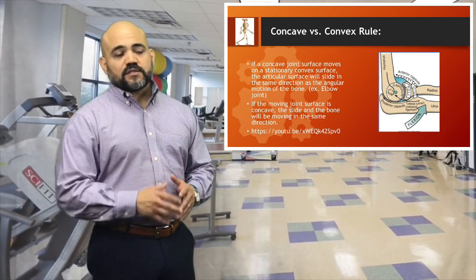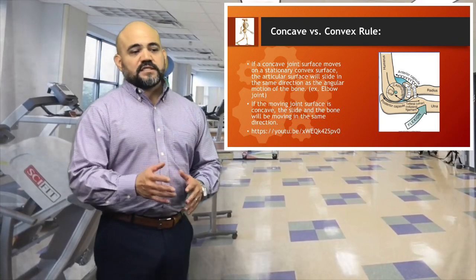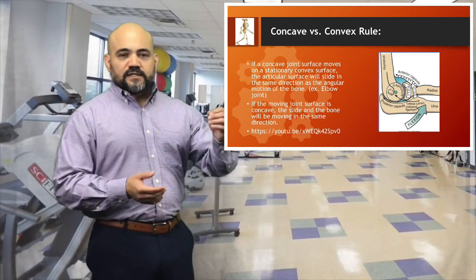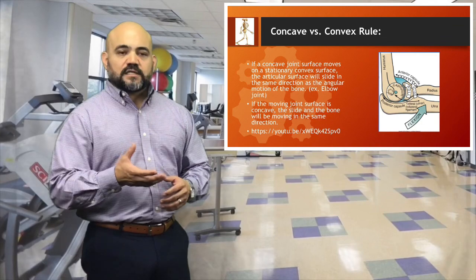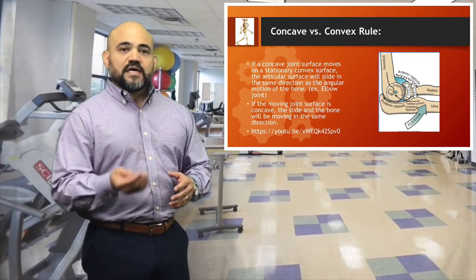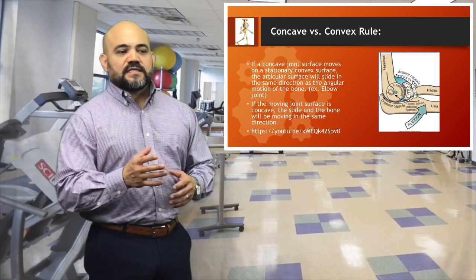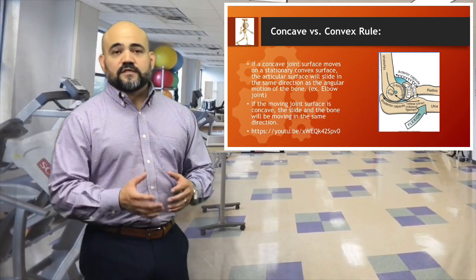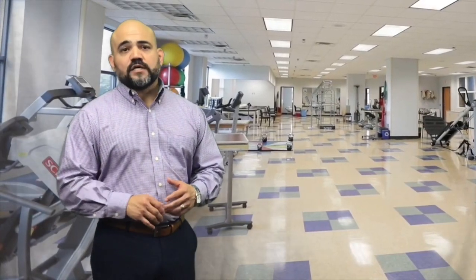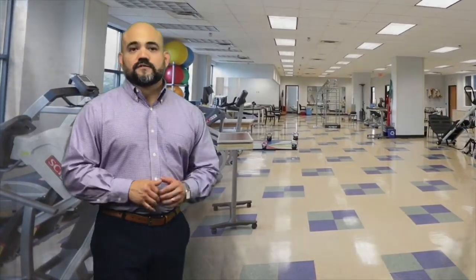If you look at the picture of the elbow, you can see that the ulna and the radius are both concave and the distal end of the humerus is convex. As it moves into flexion, moves up, you can see that the slide and the roll are in the same direction. Now let's take a look at a quick video explaining exactly what I just went over.